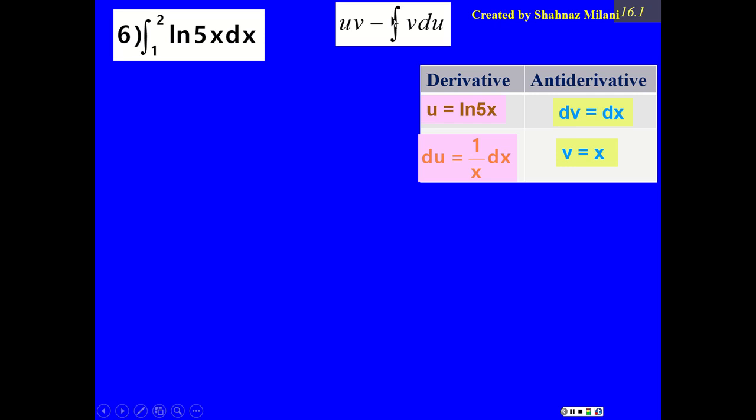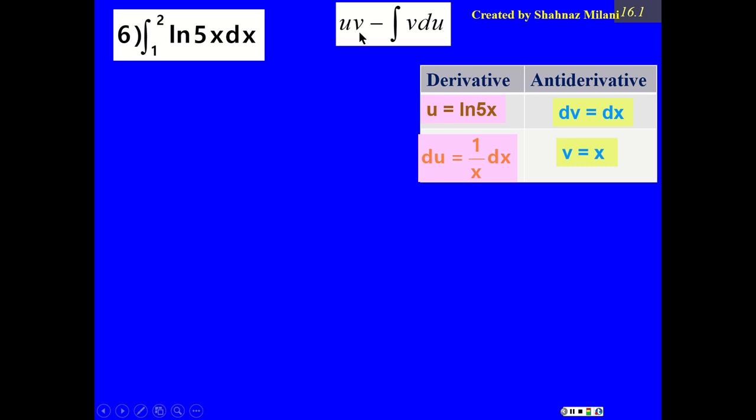Now, let's go with our formula. The u is going to be natural log of 5x, v is going to be x. I do not like to write it down as natural log of 5x and x, because we might get confused.